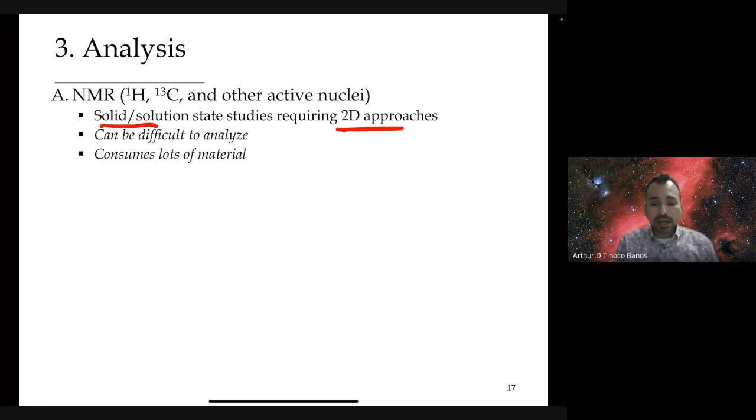Okay, and so what are the limitations? Let's say you're working with complex mixtures coming from biologic samples, probably very precious samples. What I mean by precious is a very small amount of sample. So an approach like this can be difficult to analyze and does consume lots of material. So that is a limitation.